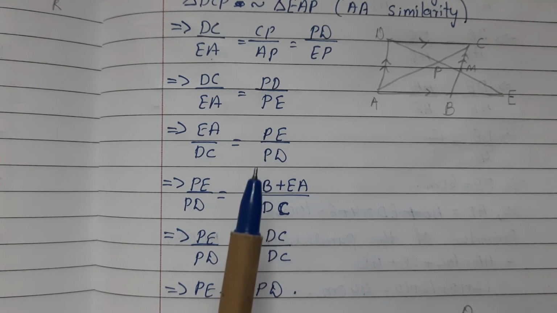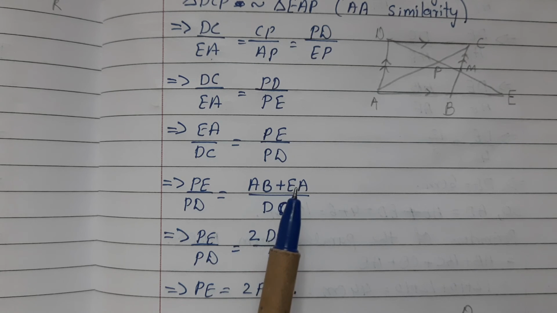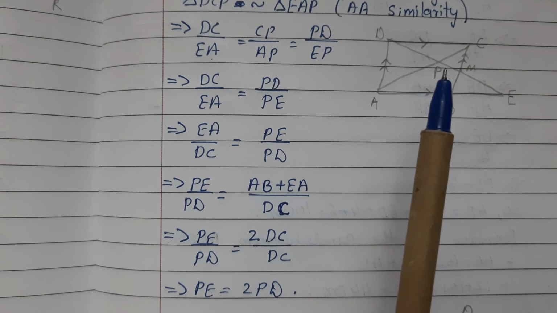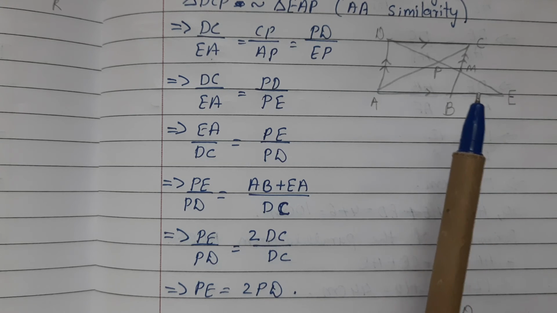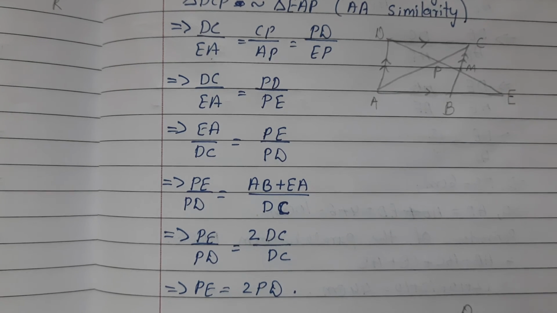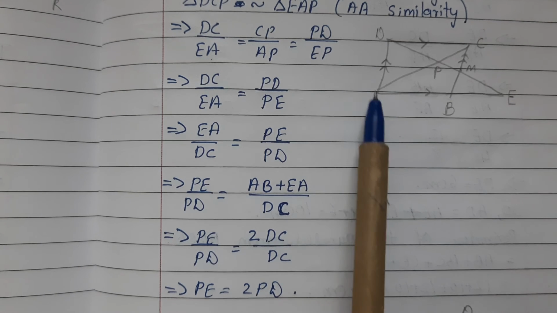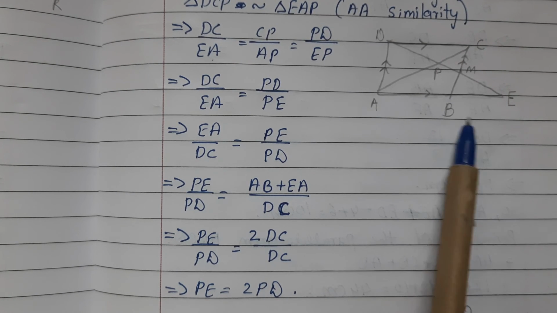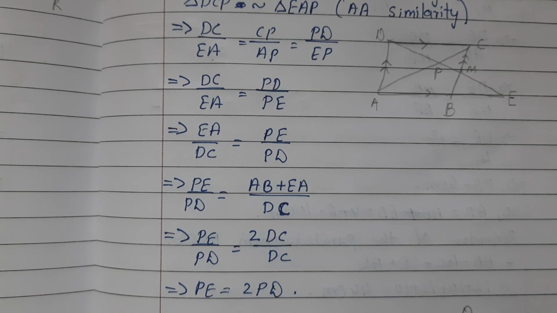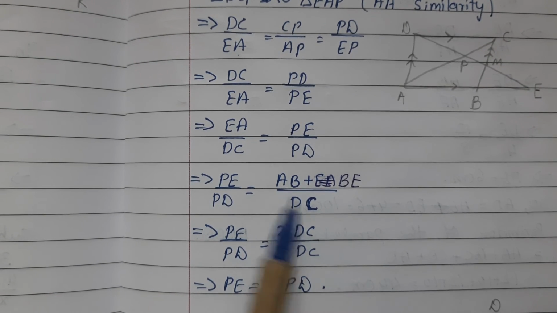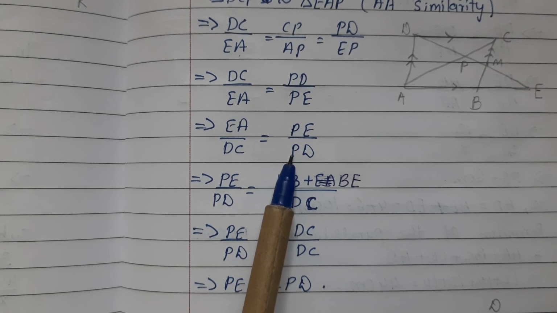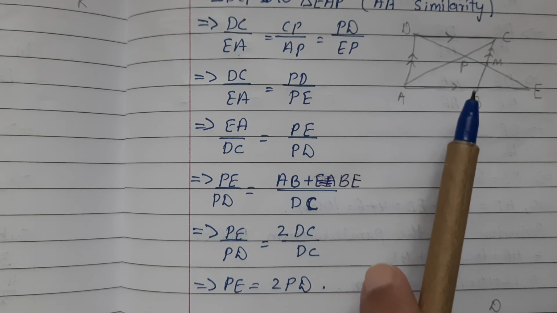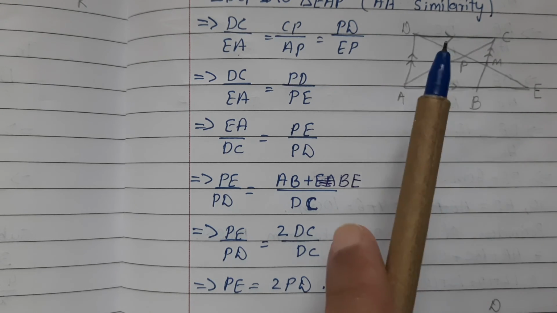PE upon PD is equal to EA upon DC. EA is AB plus BE and both are equal to DC.